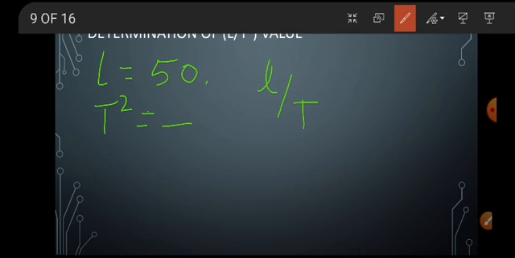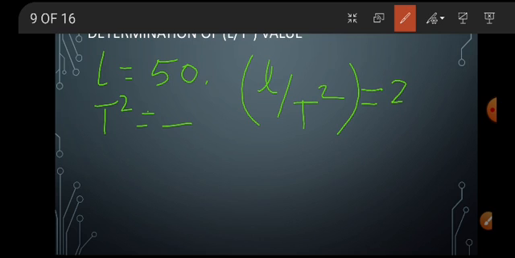Now from this L, for example, L is 50, so you will get some T square value. Now you have to find out the L by T square value.